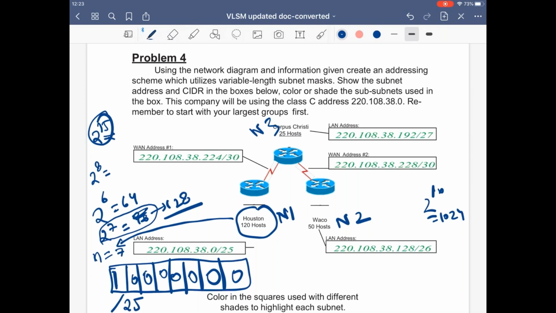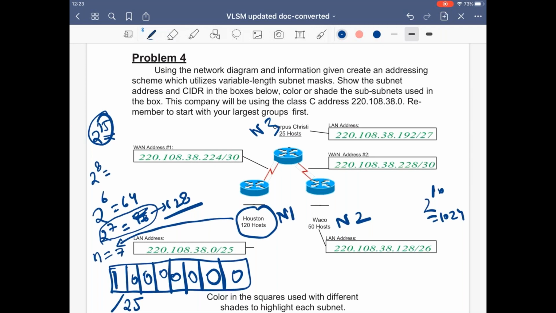Now network 3 is 25 hosts, and it starts from 192. Here we need n equals 5 for 25 hosts, and the first 3 bits are 1.